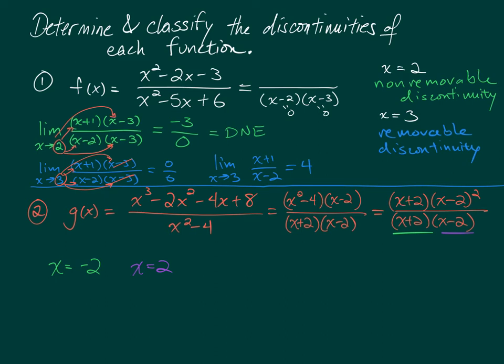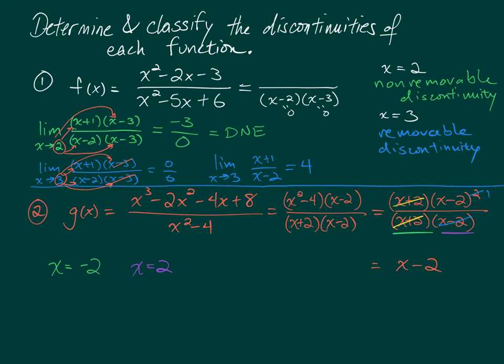When we do that, we are able to get rid of the x plus 2 and one x minus 2. Let's rewrite that. That becomes x minus 2.